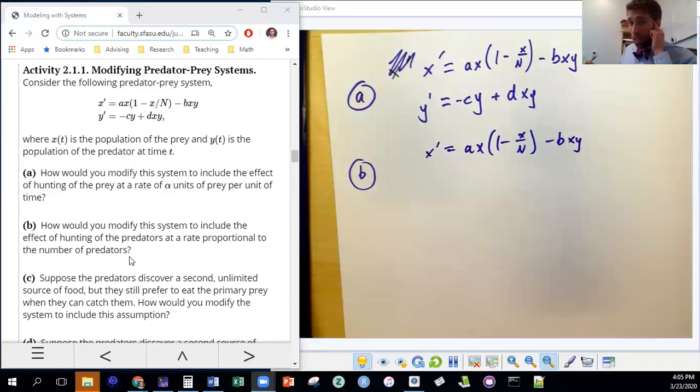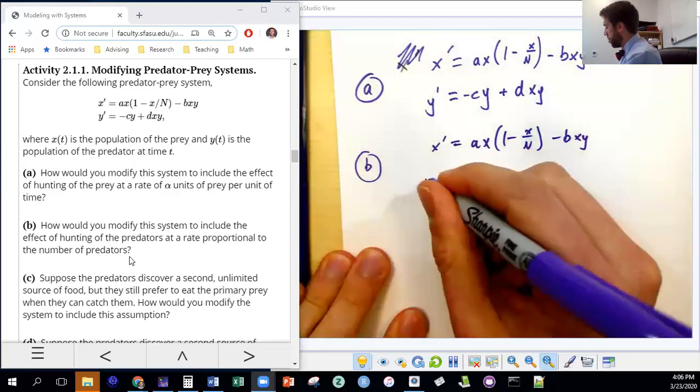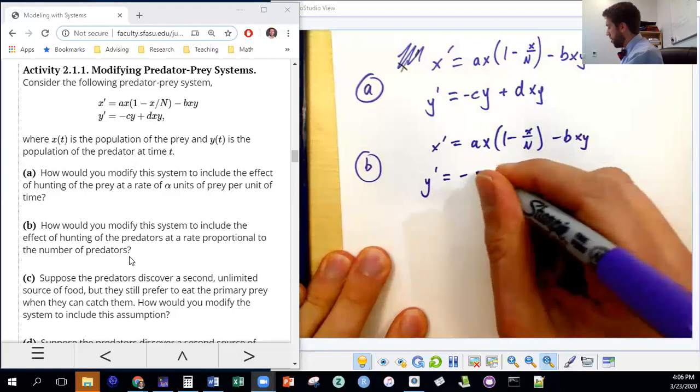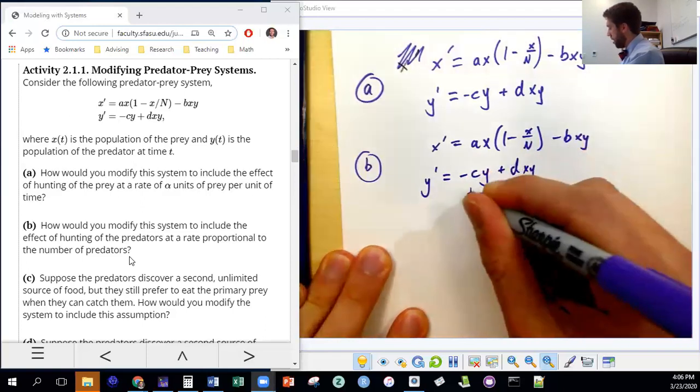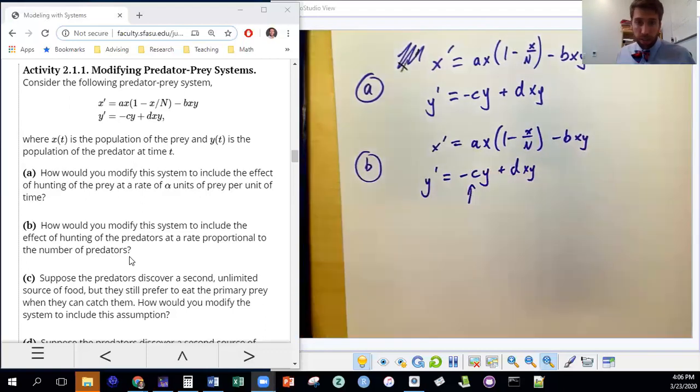And then I'm not sure if I'm adding to part A or if I'm just doing my own thing here. I think I'm just doing my own thing. All right, so then y prime equals negative cy plus dxy, where this c is really the addition of two things: natural dying off plus hunting.